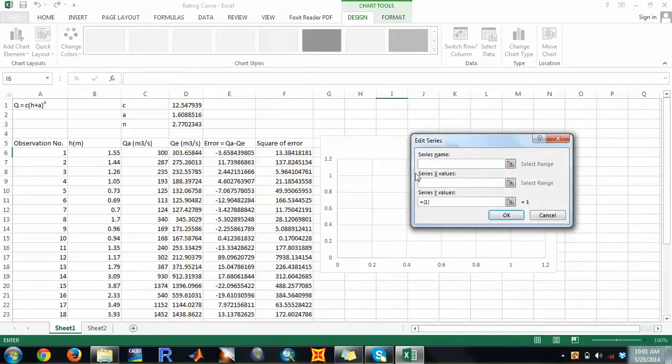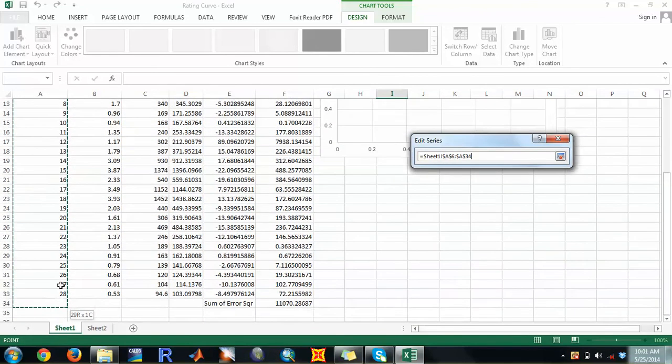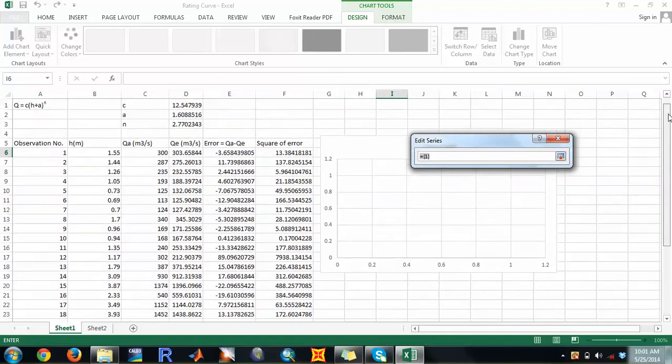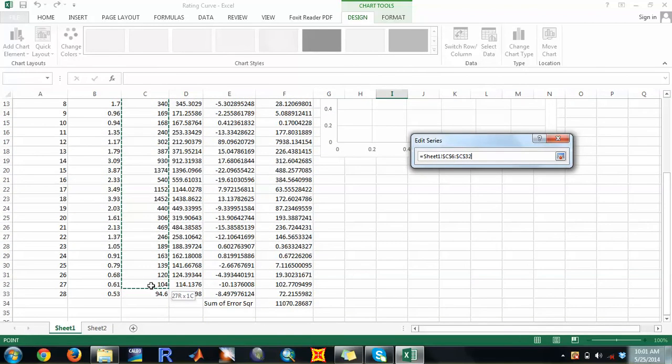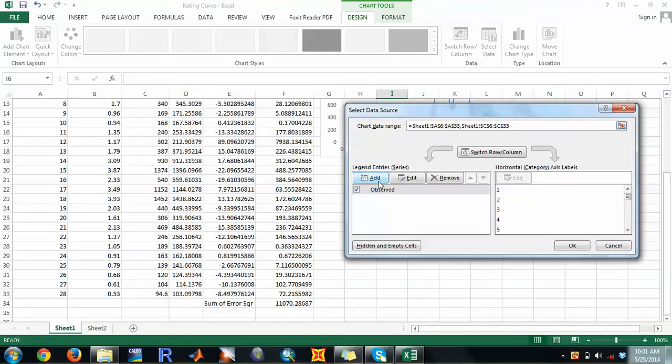This is the observed series, and the x value is the observation number. The y is the actual discharge. Then you add the second data.